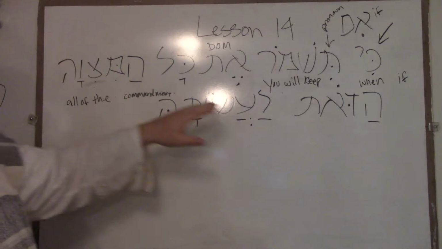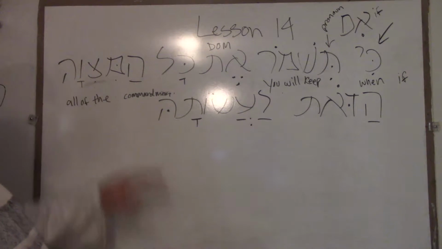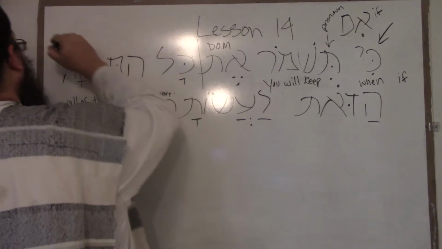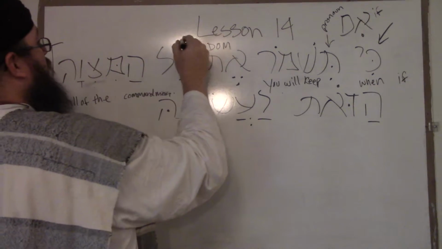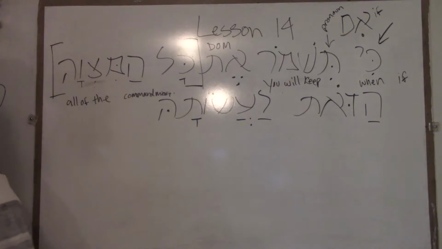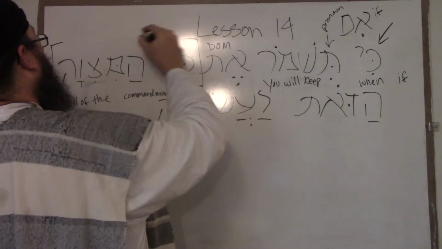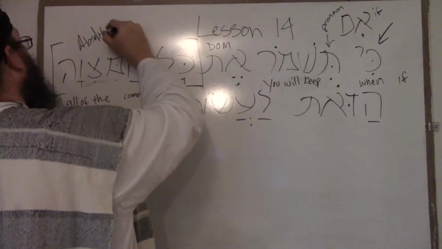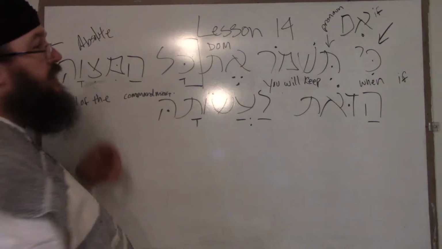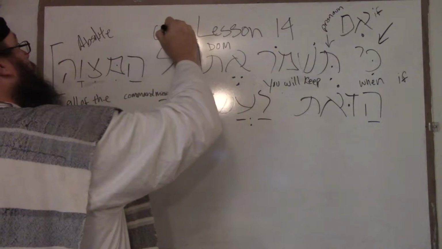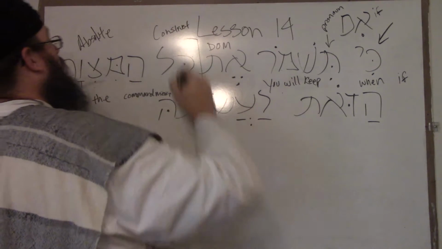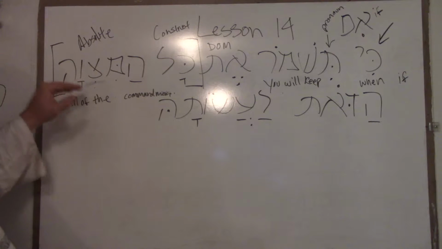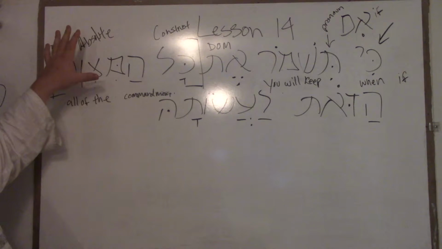Kol ha-mitzvah hazot. Okay? Here we have kol ha-mitzvah. This is our noun construct, so we have to look at this from his point of view. That when we're looking at the word kol ha-mitzvah, we have the absolute noun here at the end, and here we have the construct. So kol begins the noun construct, and ha-mitzvah finishes the absolute form.